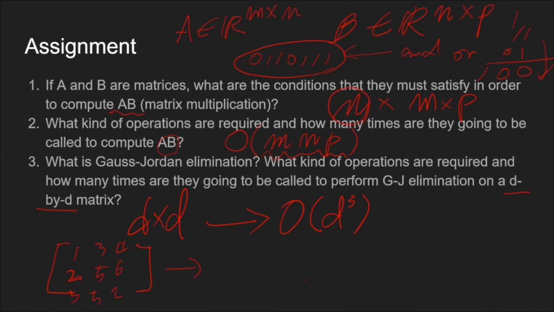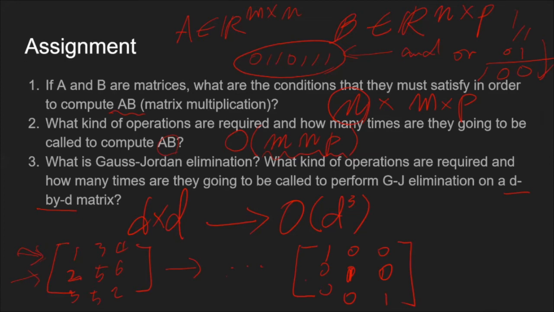And what you do in Gauss-Jordan elimination is to select two rows and then compute the row-wise multiplication and subtraction. By doing that, your goal is to build an identity matrix as a result of that row switching.